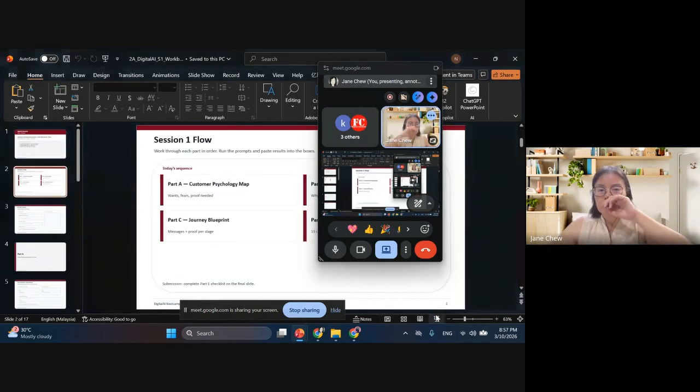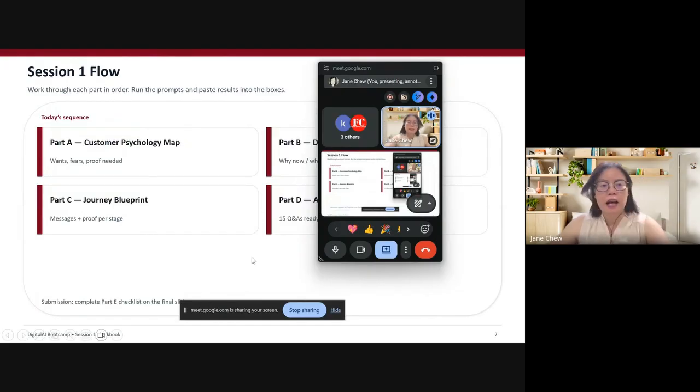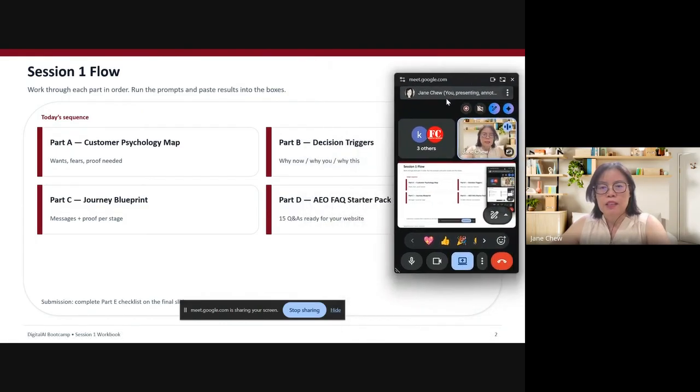Okay. In this session, I would like you all to come up with your customer psychology map. The second one is the decision triggers. For example, let's say you are targeting people who buy tea for some benefit. What is their decision trigger?